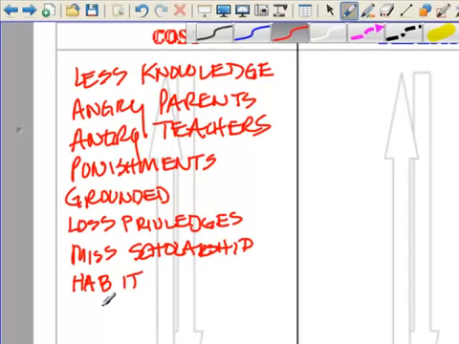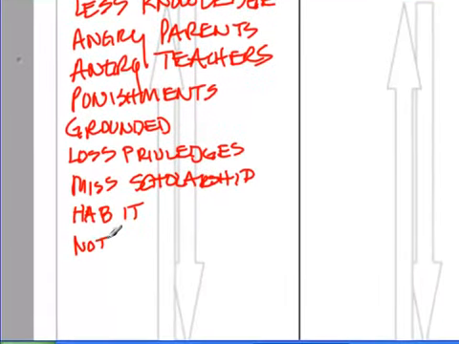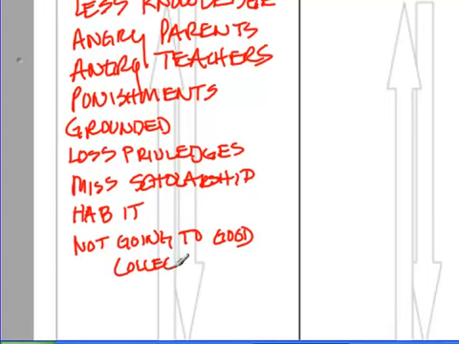If it turns into a habit, which in this case would be a bad habit, it can affect things like scholarships or not going to a good college. You know, you might still be able to go to college, but it might not be a good one until you've brought your grades back up.